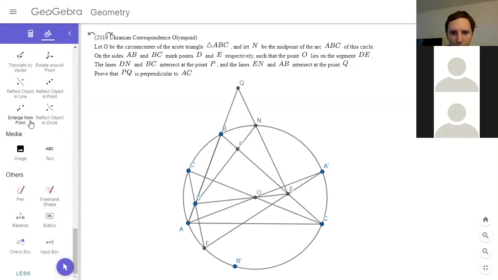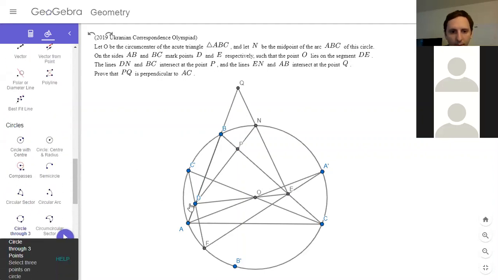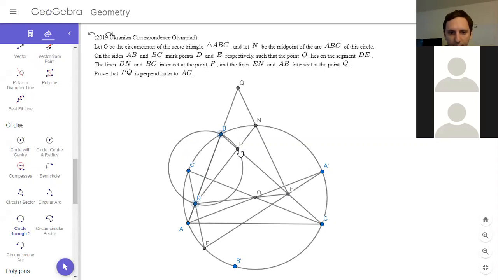Another way, but might be risky, is to use Ceva's theorem on triangle BDE in trigonometric form, assuming P prime is a point such that QP prime is perpendicular to AC, and then prove that these three cevians are concurrent. But we might need to angle chase many things there. Okay, so you'd use trig Ceva for that? I feel like there's got to be a way to solve this without trig Ceva.